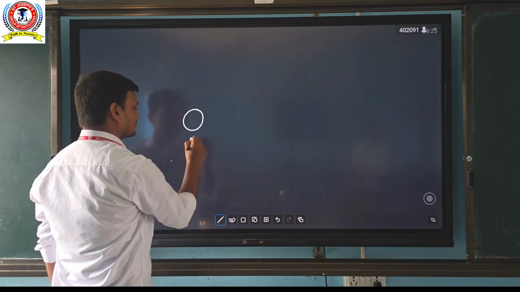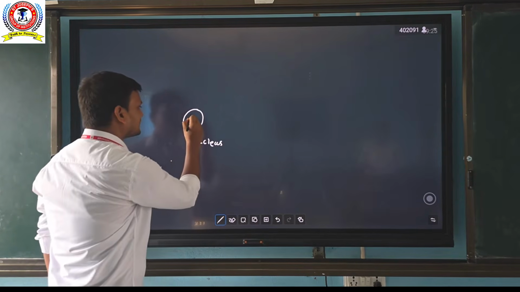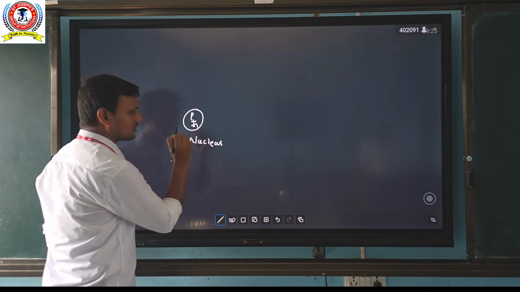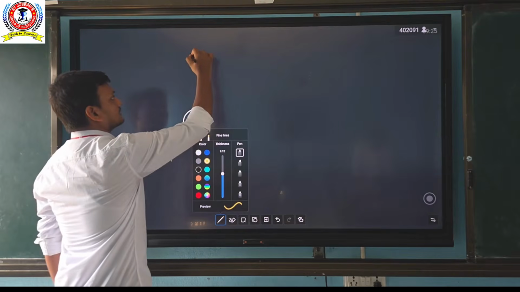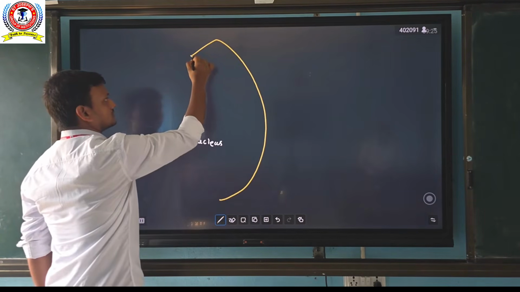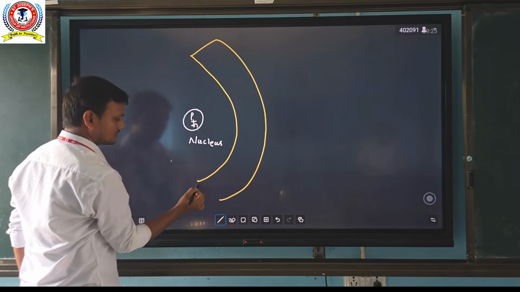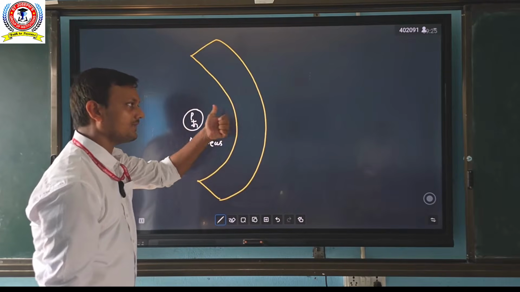Suppose this is your nucleus. Inside the nucleus, protons and neutrons are present. Okay, suppose this is your first cell. Which cell? First cell.